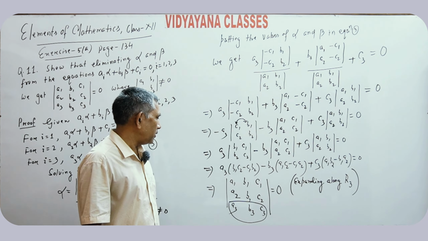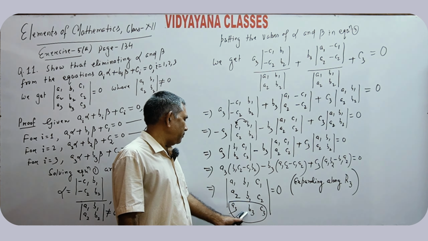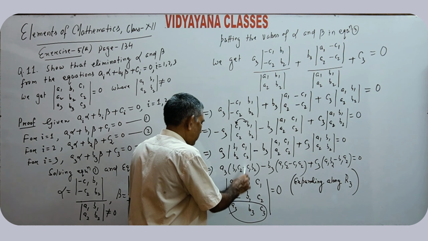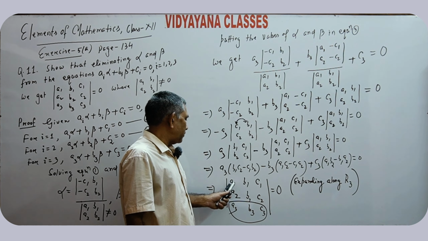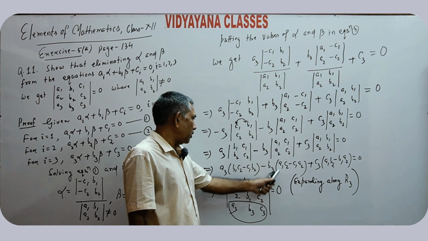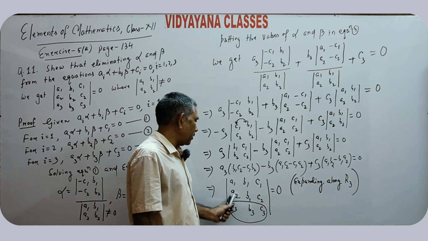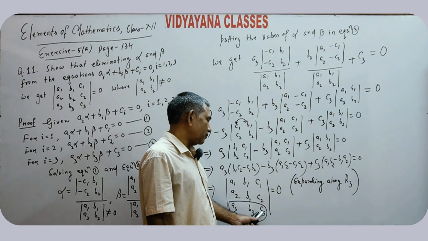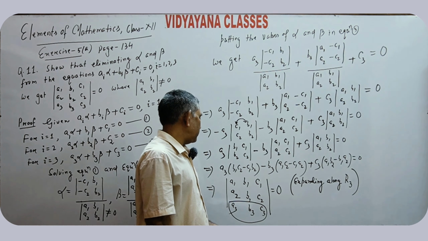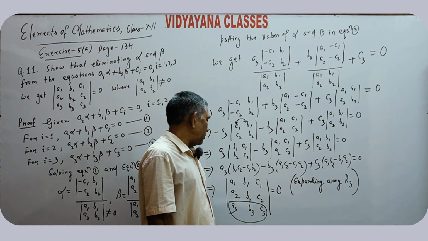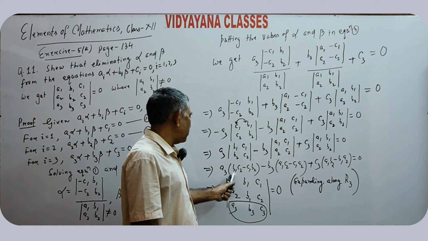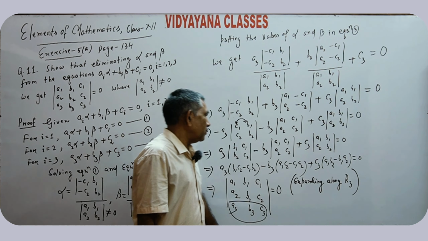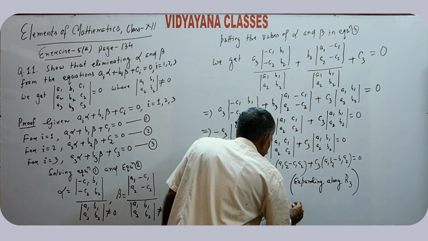The sign of B3 is negative. Minus B3 into deleting this row and this column, it gives A1 C2 minus C1 A2 plus C3, its sign is positive, into C3 into its minor, means determinant of this, A1 B2 minus B1 A2. Hence the statement is proved.